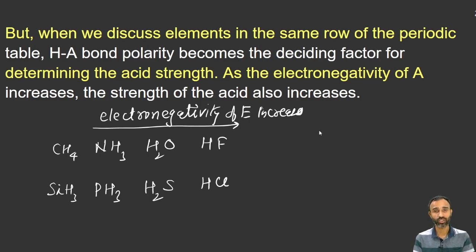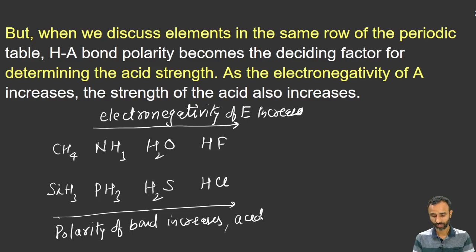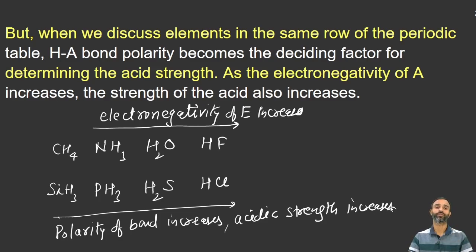As electronegativity increases, polarity of the bond increases, and so is the acidic strength. So acidic strength increases. So that's all about this topic.